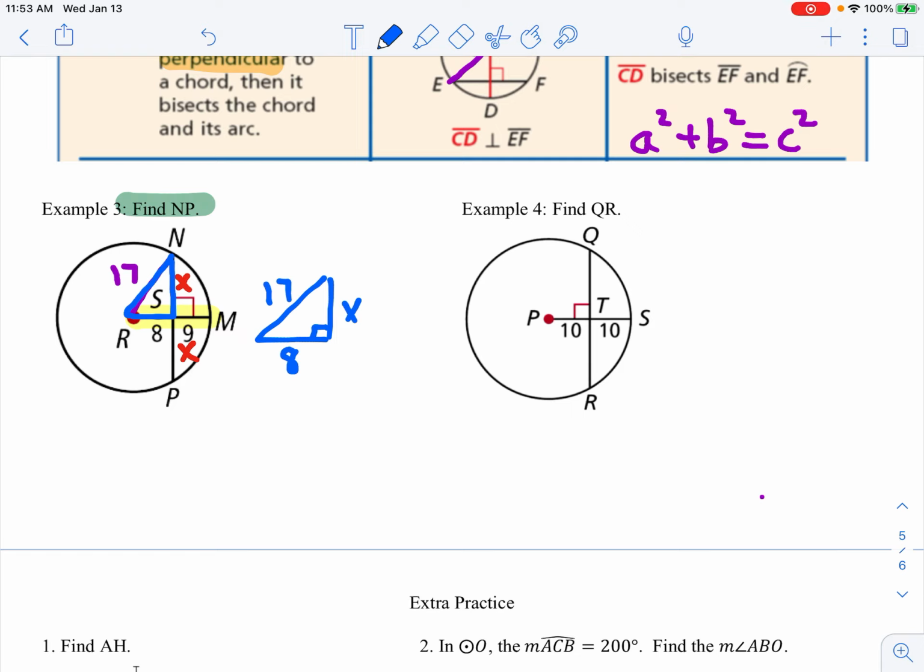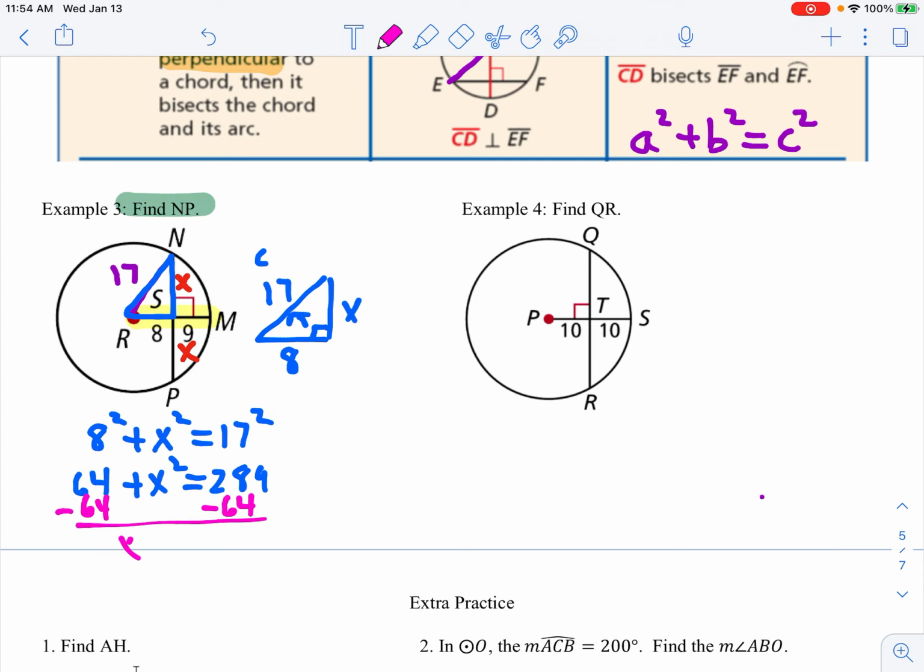Well, I'm going to go ahead and do the Pythagorean theorem then. And that says 8 squared plus x squared is equal to 17 squared. Remember, C is always across from the 90 degrees. That gives us 64 plus x squared equals 289. I'm going to solve it. I'll subtract 64 over.